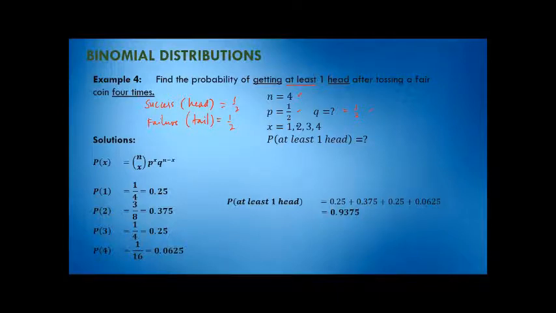So, ang ibig sabihin kasi ng at least 1 head, kukunin natin lahat ng probability nitong mga to. So, probability of getting 1 plus probability of getting 2 plus probability of getting 3 and probability of getting 4 successes among 4 trials.